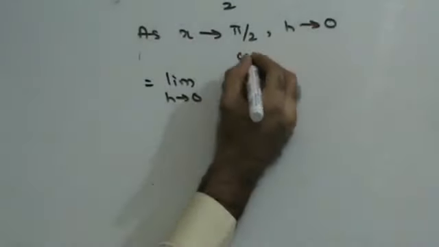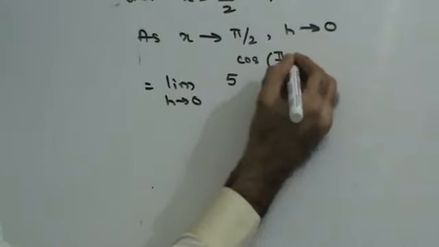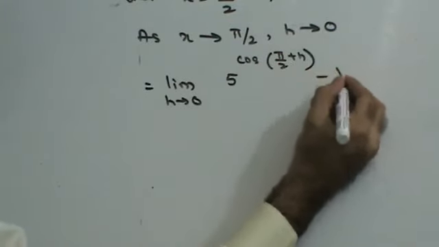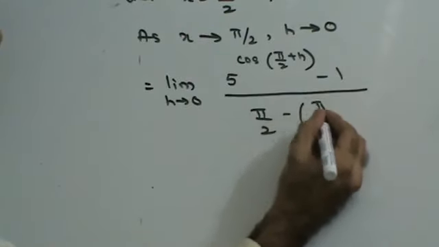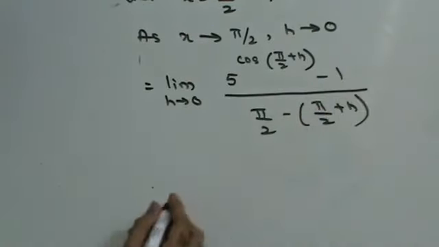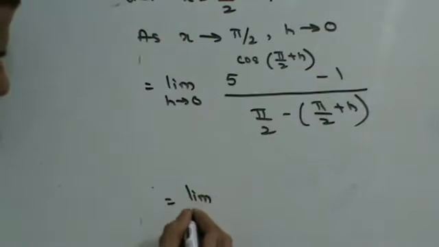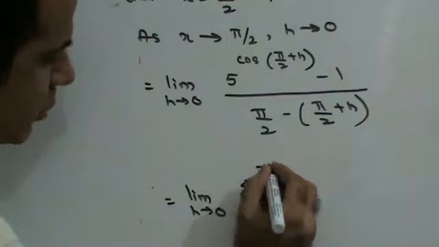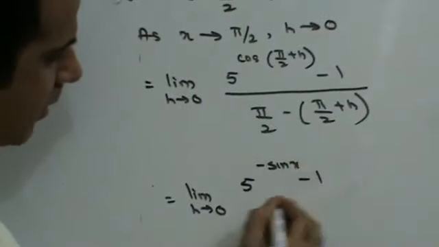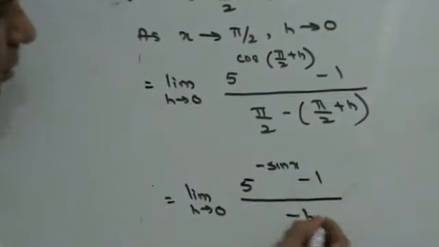So, limit of h tends to 0 of (5 raised to cos of (pi by 2 plus h) minus 1) upon (pi by 2 minus (pi by 2 plus h)). Cos of (pi by 2 plus theta) is nothing but minus sine theta. So this is (5 raised to minus sine h minus 1) upon minus h.